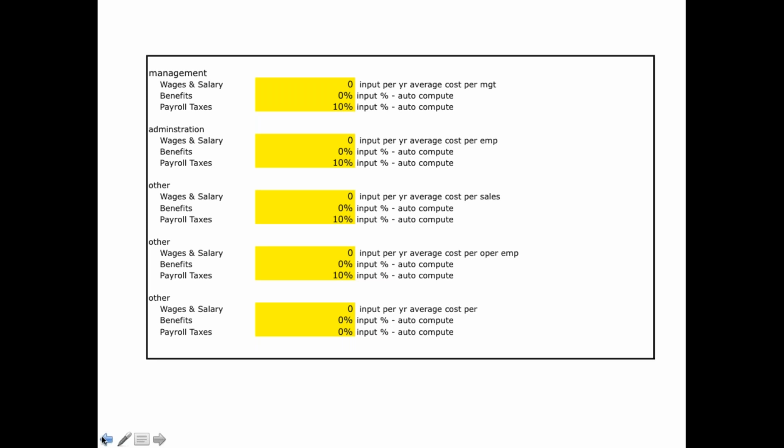But as long as you're paying minimum wage, you're not going to go cross with the Labor Department, because you have to tell them in your state within 20 days when you hire somebody how much you're paying them. So make sure that you pay at least the minimum wage for your state.